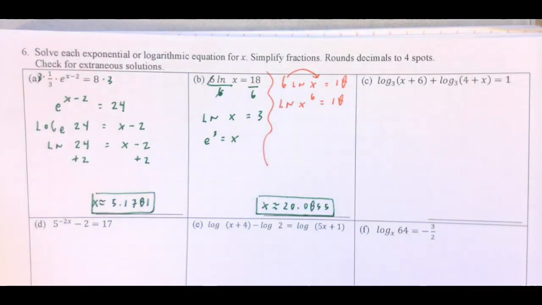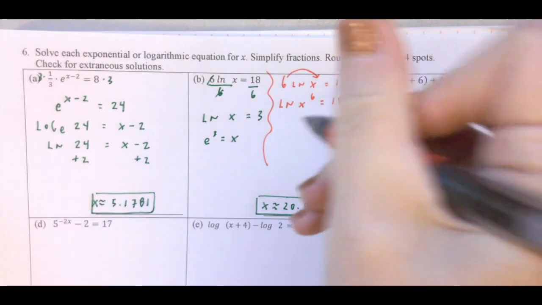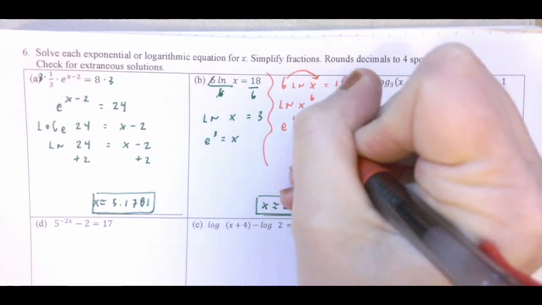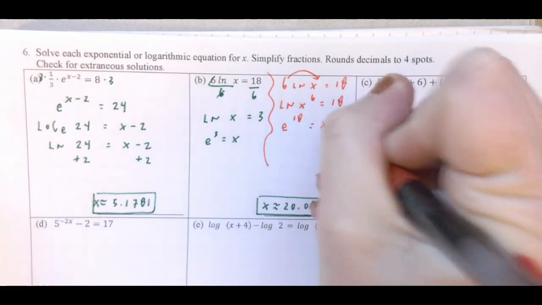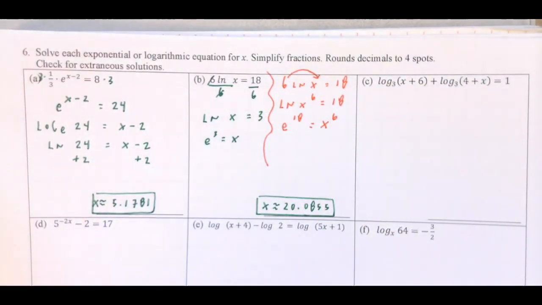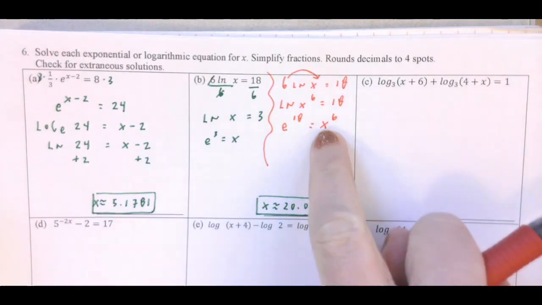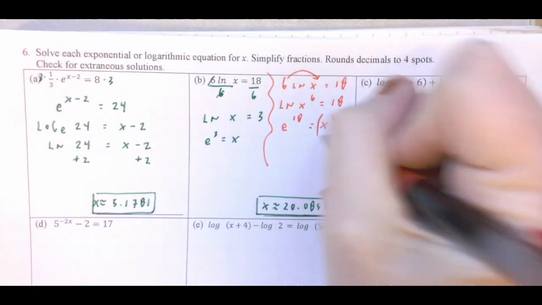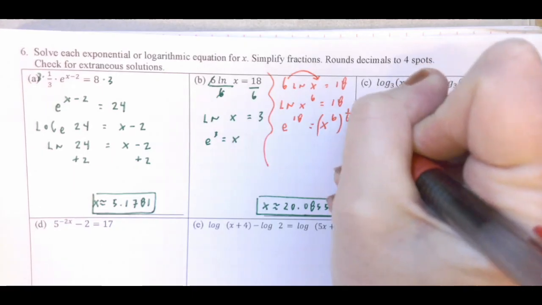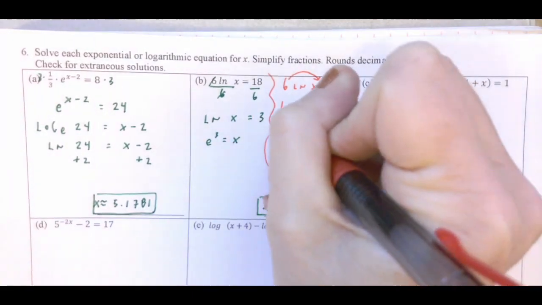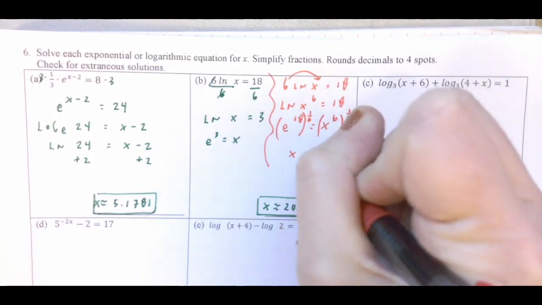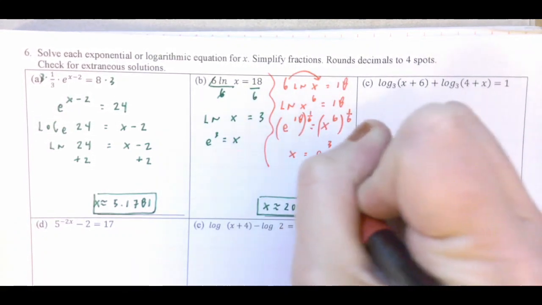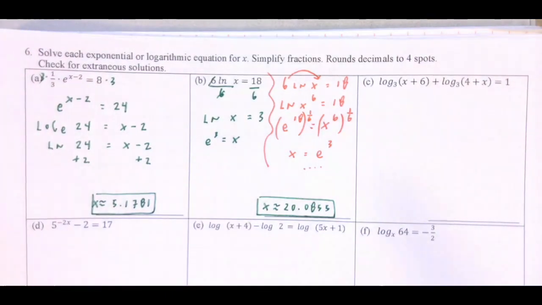So now, if I switch formats, I'd say e to the 18th power equals x to the 6th, and I'm trying to solve for x. So if I wanted to unlock that x to the 6th power, I could raise each side to the reciprocal of 6, which is 1/6. And I'd get that x is equal to e to the 3rd power. Same thing that I have over here, just a different way of getting there.